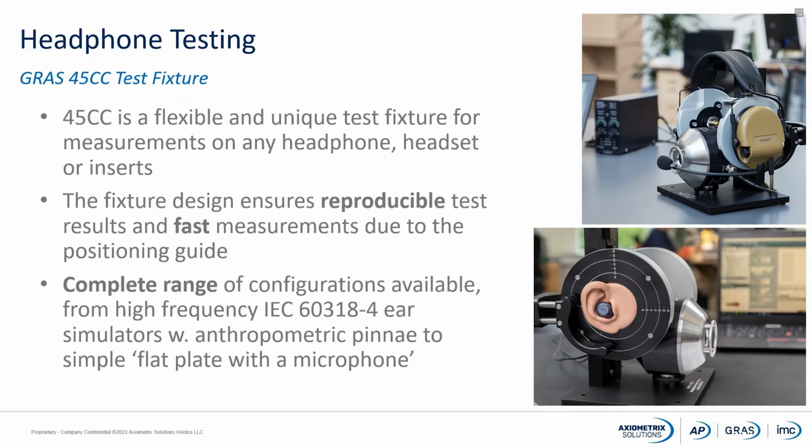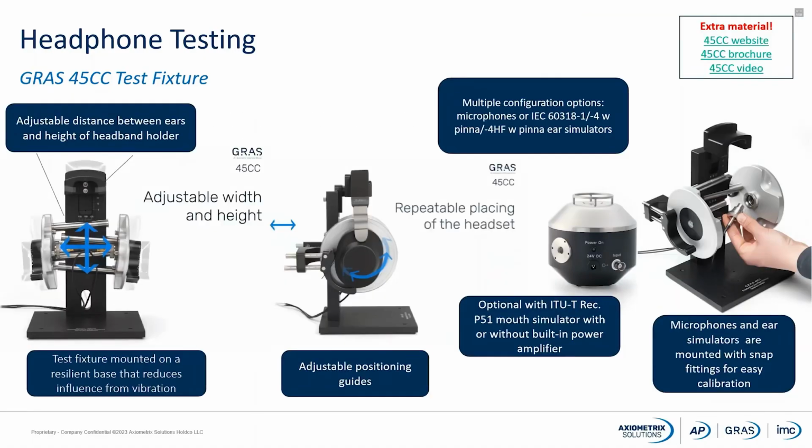Let's have a closer look at the 45cc. With the 45cc, it's easy to adjust. First of all, adjust the distance between the ears. It's just loosening some screws and then moving the plates and finding the right position.